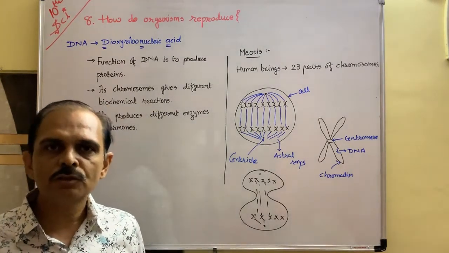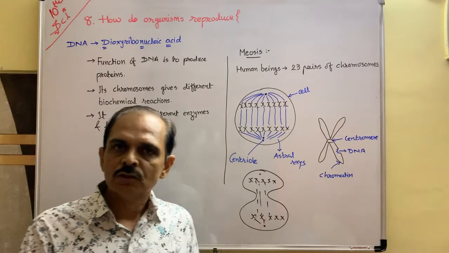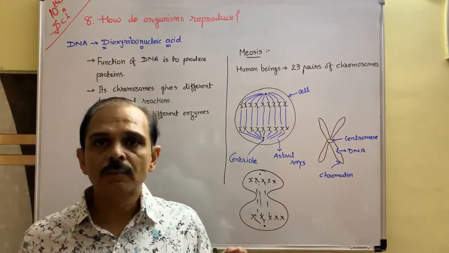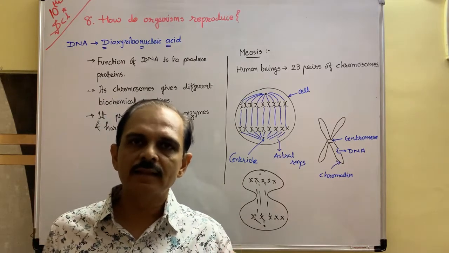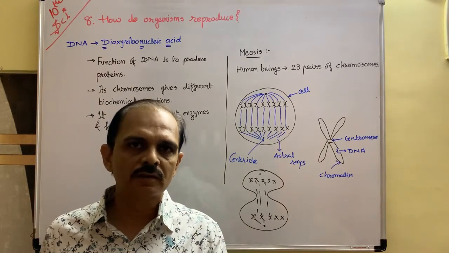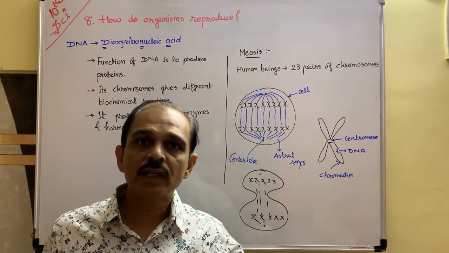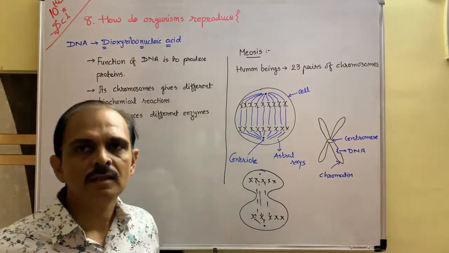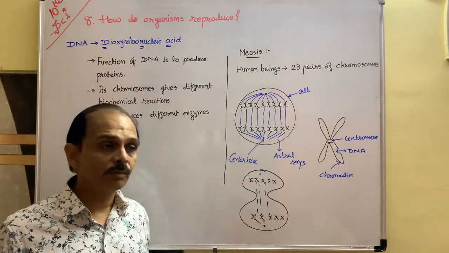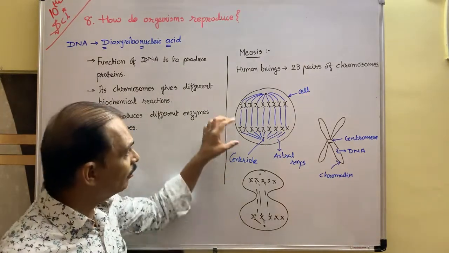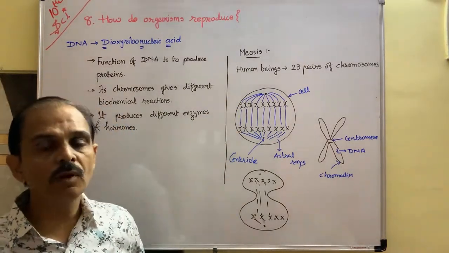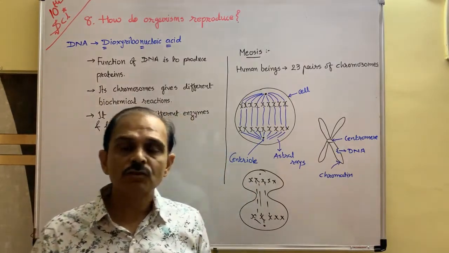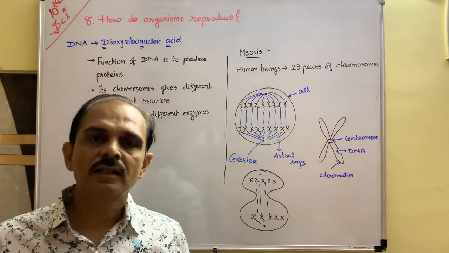A hen gives birth to chicken or chicks. So in this way, the number of chromosomes is always retained in the individuals, retained in the progeny, right? And that's why we said that DNA copying is most important. Copying of DNA, here mixing of DNA, crossover of DNA, that is called copying of DNA. Okay, and so characteristics mix up with each other.